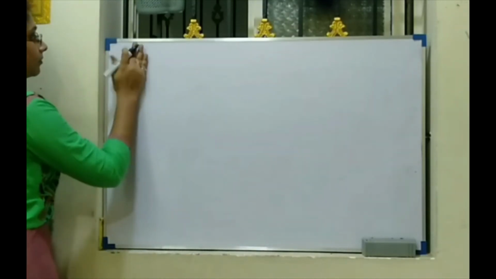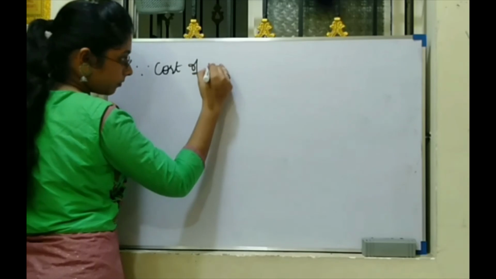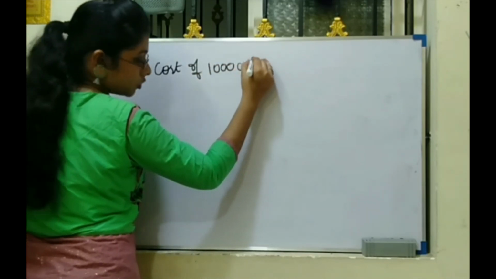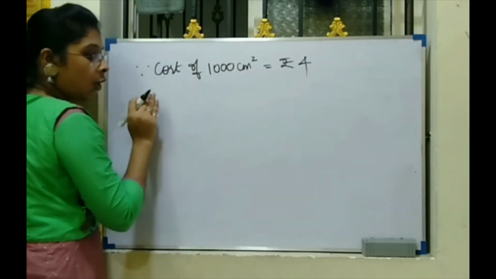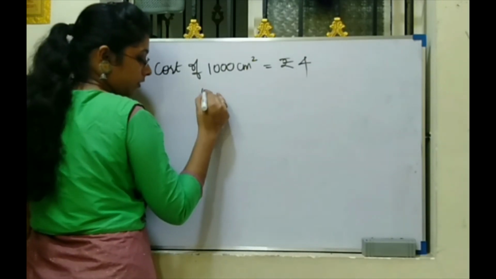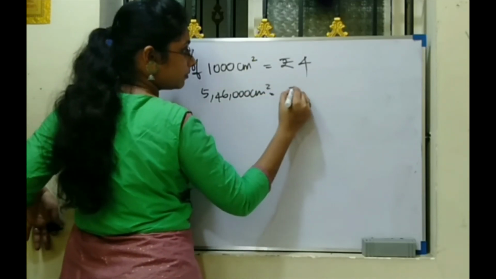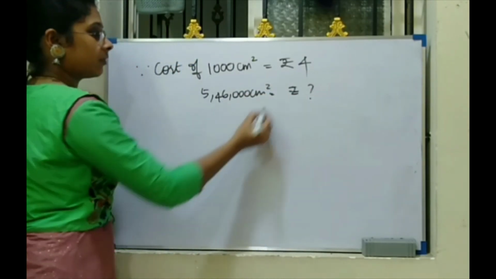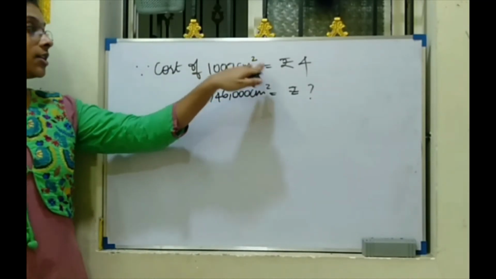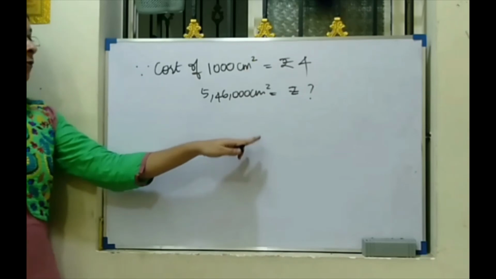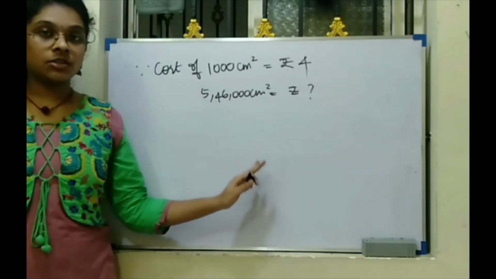Now, since the cost of 1000 centimeter square of cardboard is equal to rupees 4, then what will be the cost for 546,000 centimeter square?